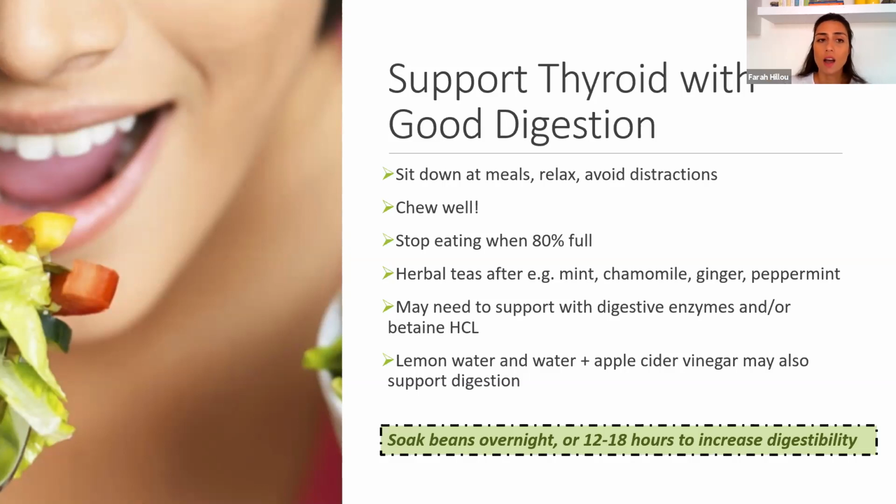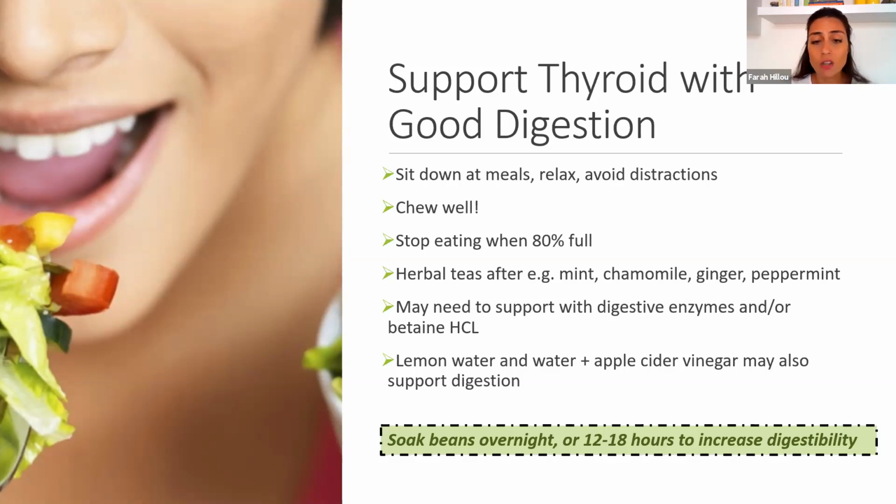Stomach acidity is important to break down proteins and also for absorption of certain nutrients. One way that you can boost stomach acid is to have water with some apple cider vinegar. However, if you have a history of an ulcer, please don't do this. Or there are supplements with HCl. Lemon water is also great to help stimulate the release of bile and certain digestive juices and enzymes.